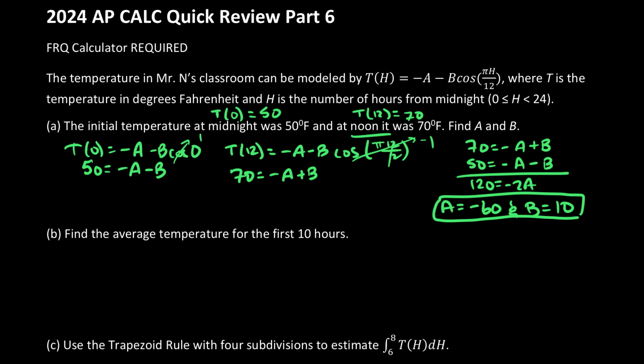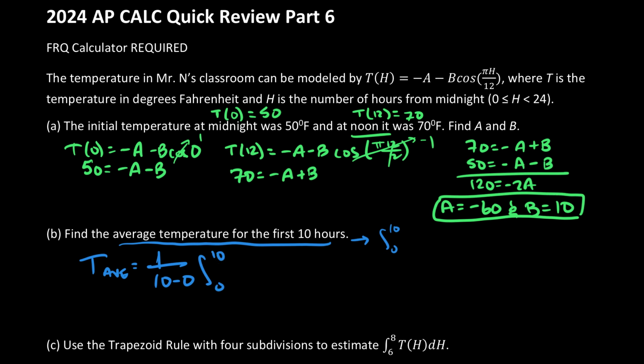All right, for the next part, it says find the average temperature for the first 10 hours. The average temperature in this case would be an average value function again. So this would be 1 over 10 minus 0, since we are going from 0 to 10, and the integral from 0 to 10 of our equation.